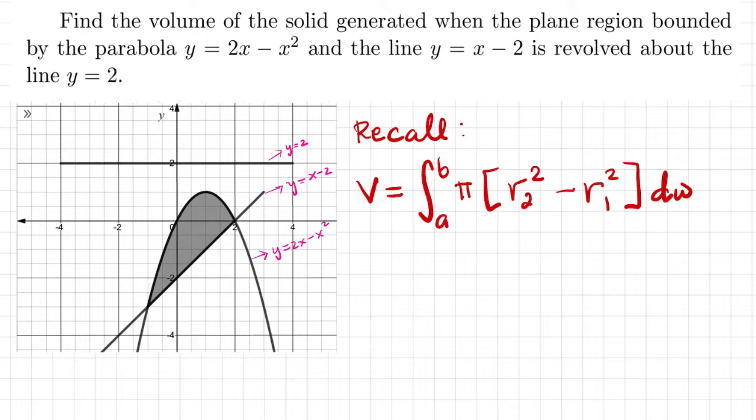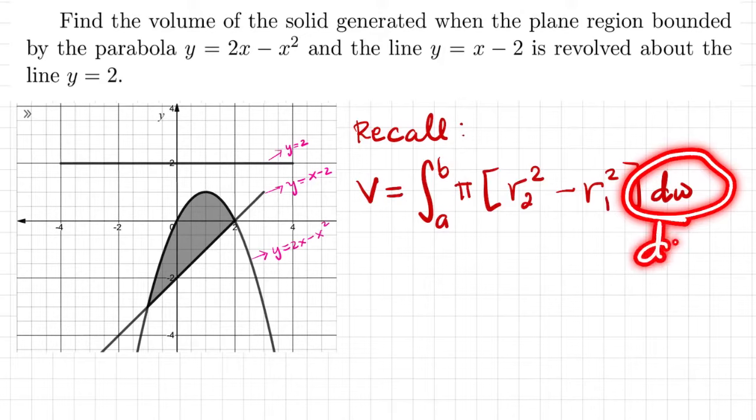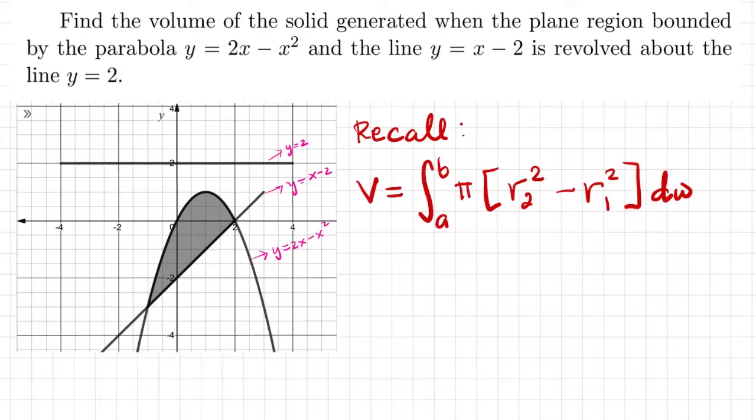So in this formula, R2 is simply the distance of the farthest tip of any arbitrary rectangle to the axis of revolution, while R1 is the distance of the nearer tip of an arbitrary rectangle to the axis of revolution, and d omega depends on the orientation of the arbitrary rectangle. So when using vertical rectangles, this d omega becomes dx, and if we are using horizontal rectangles, d omega is dy. Alright.